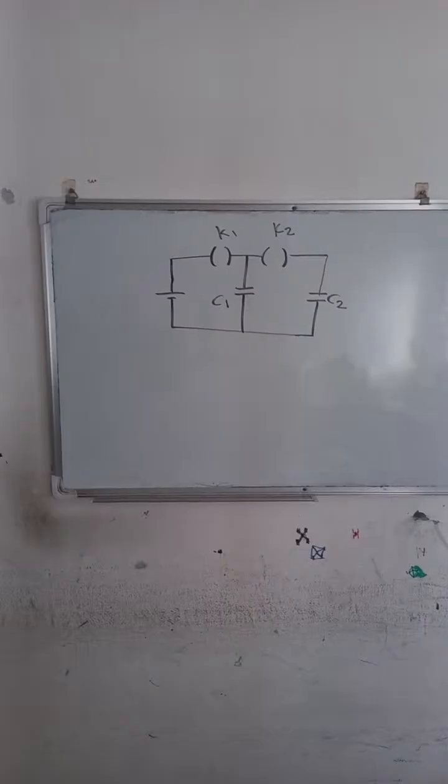Voltage across C1 is equal to voltage across C2. That is your first option. Then second option, voltage across C1 is greater than voltage across C2 if C1 is greater than C2.